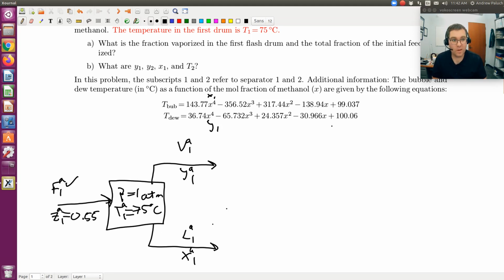Just looking at the first drum, our inlet is specified, we know Z1 and F, and inside the drum, we know the temperature and pressure. So we assume we have an equilibrium contact.